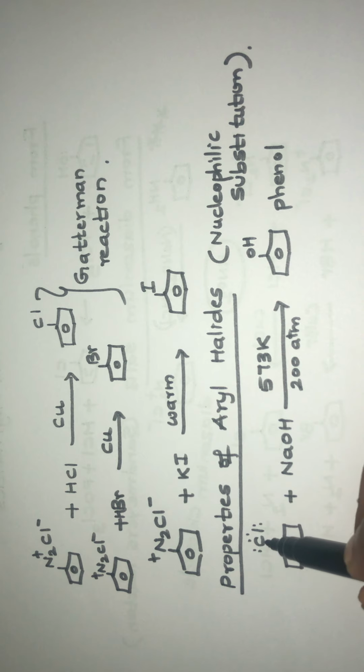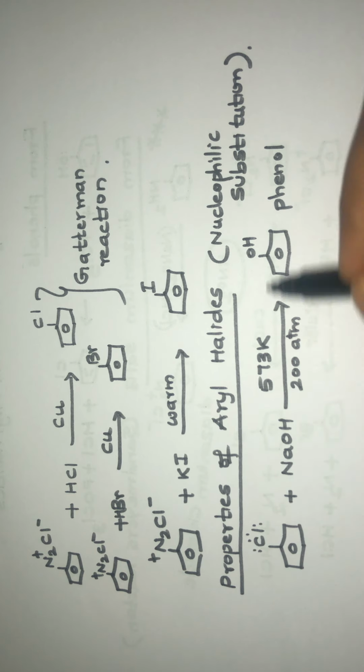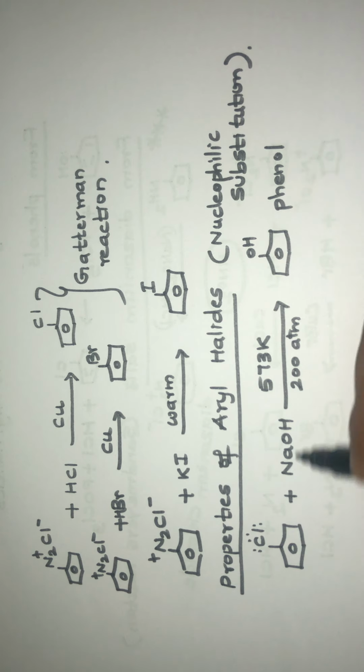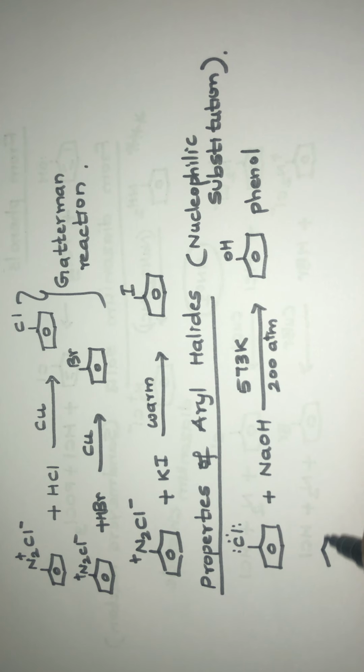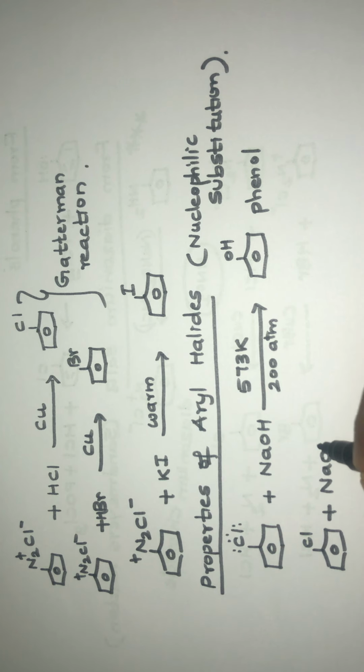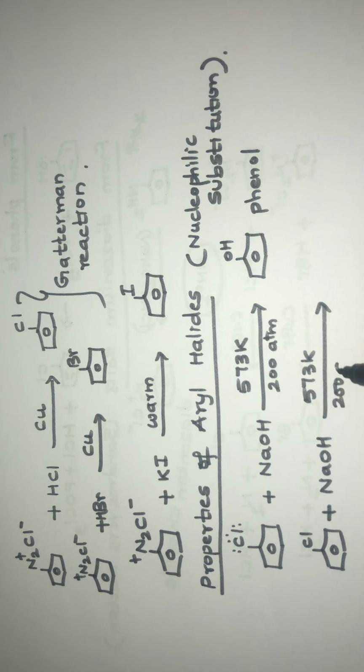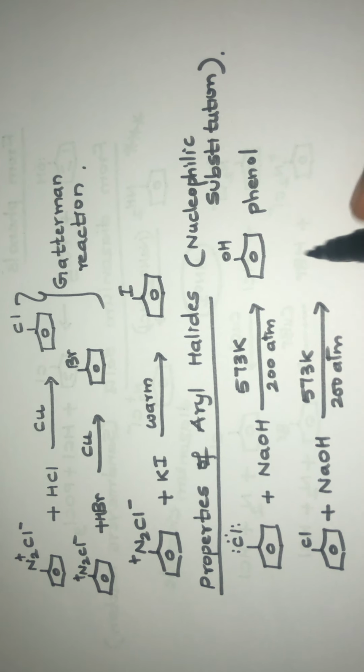When chlorobenzene is treated with NaOH, you get sodium phenate generally. So you need to acidify this. So I'll just write the reaction in detail.